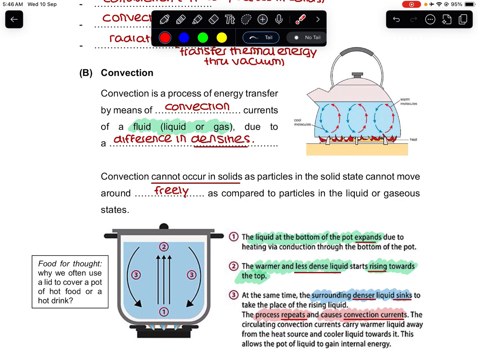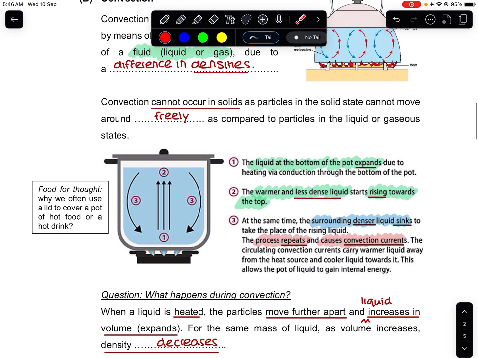Now there will be a three-step answering technique that we'll be adopting in this chapter. Later on, when we look at the three steps, do take note of how we are supposed to answer it, and please highlight it accordingly in your notes. Now, convection cannot occur in solids simply because the particles are all vibrating in fixed positions, and they are not able to move around freely as compared to particles in the liquid or gaseous state.